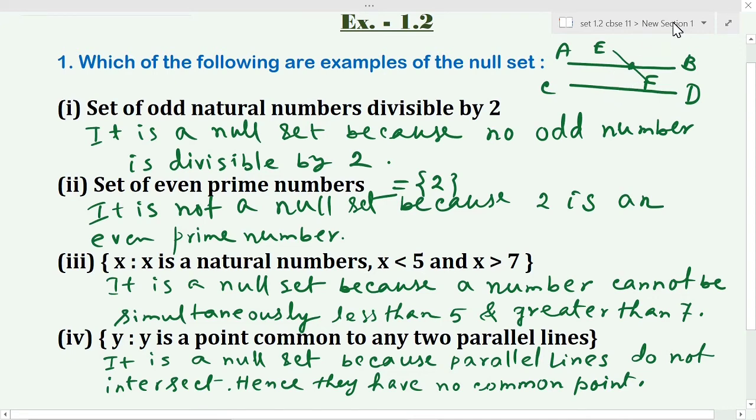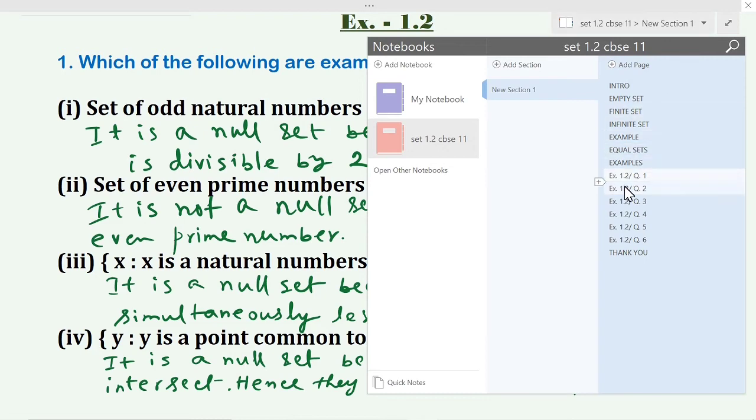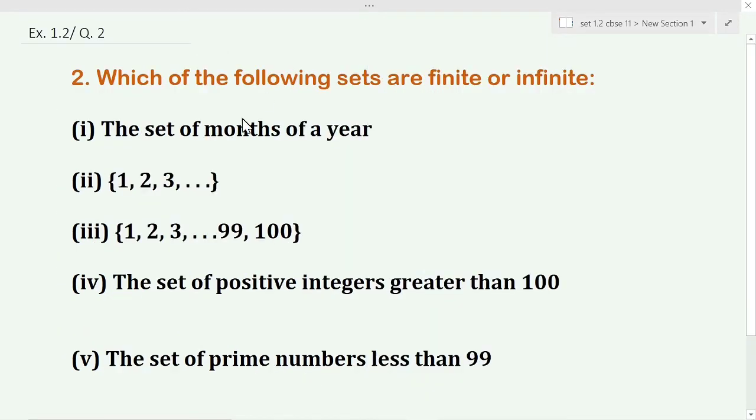Okay, now question number 2. Which of the following sets are finite or infinite? Question number 1. The set of months. We know there are 12 months in a year, so we can count them.